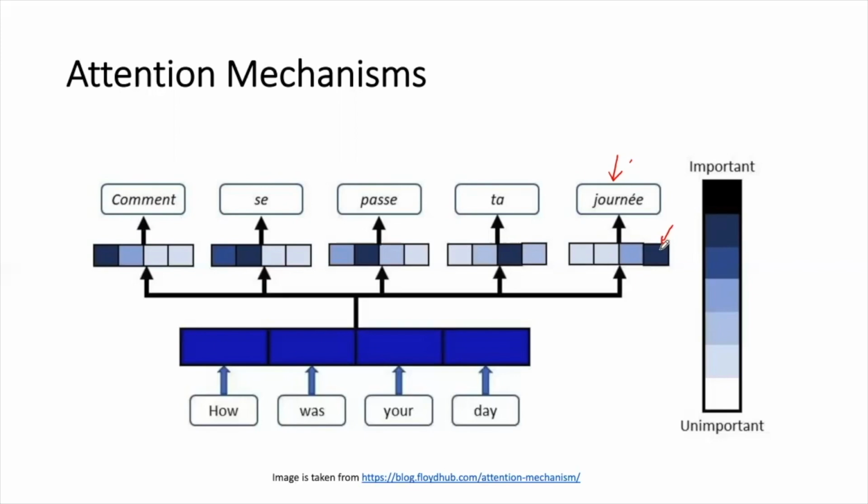That's what this illustration shows. The last word, the word day, has a high score. For example, this one is 0.8, and the rest are 0.1, 0.05, and 0.05. The other words, how was your, don't get much importance here, but the word day gets a high score.